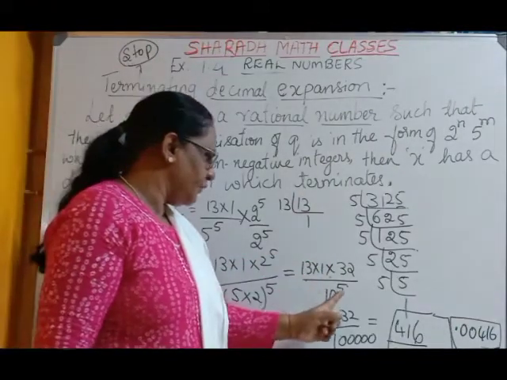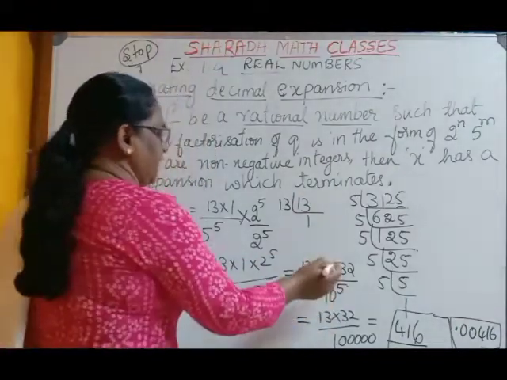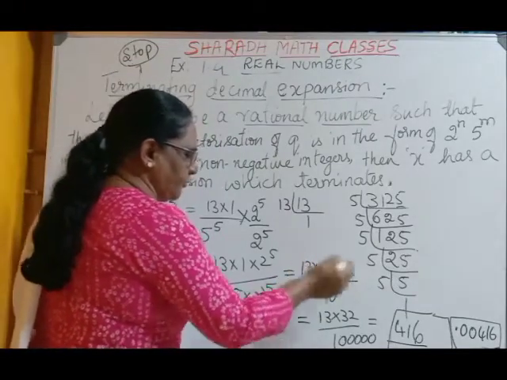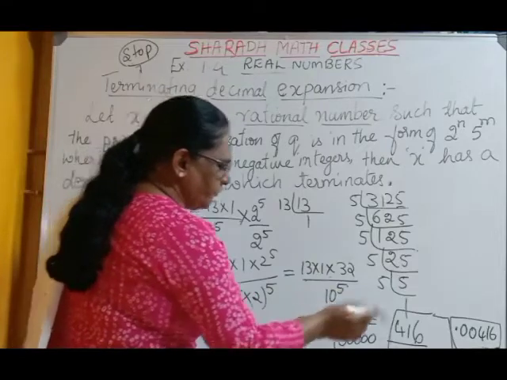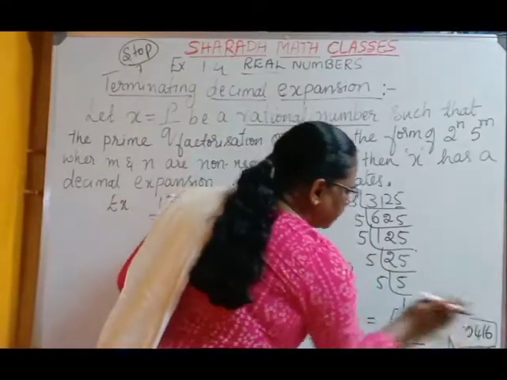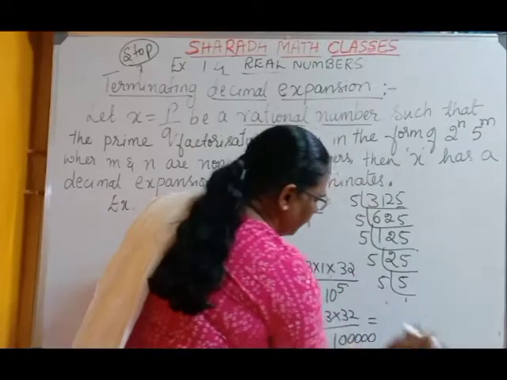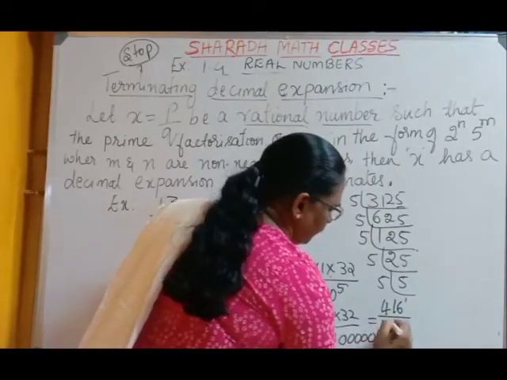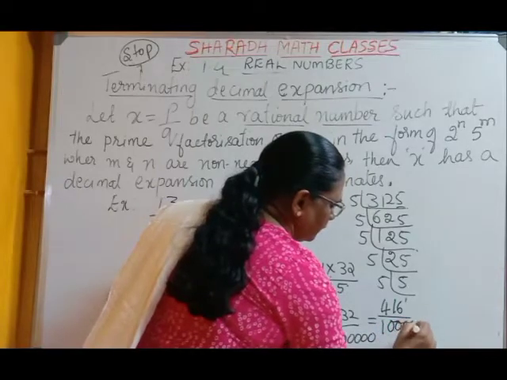Now this can be written as 13 into 32. You can multiply, and you will get the value 416 divided by 1 followed by 5 zeros.